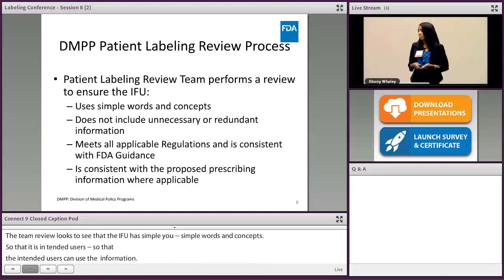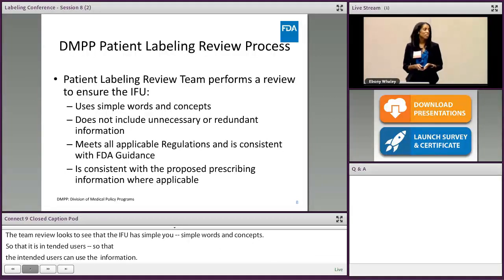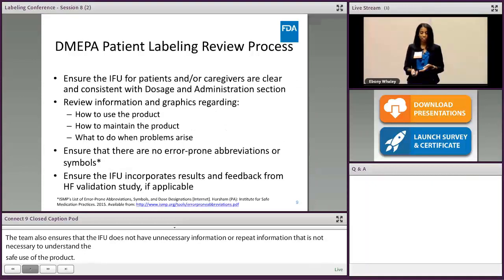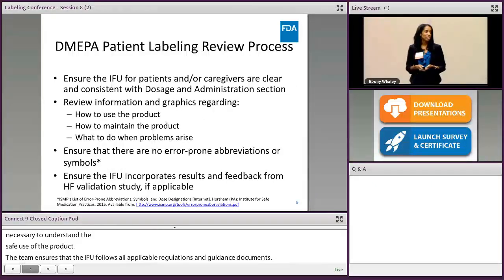The patient labeling team also ensures that the IFU doesn't have unnecessary information and doesn't overly repeat information that's not necessary to understand the safe use of a product. Our patient labeling team ensures that the IFU follows all applicable regulations and guidance documents, and lastly ensures that this information is aligned with the prescribing information.